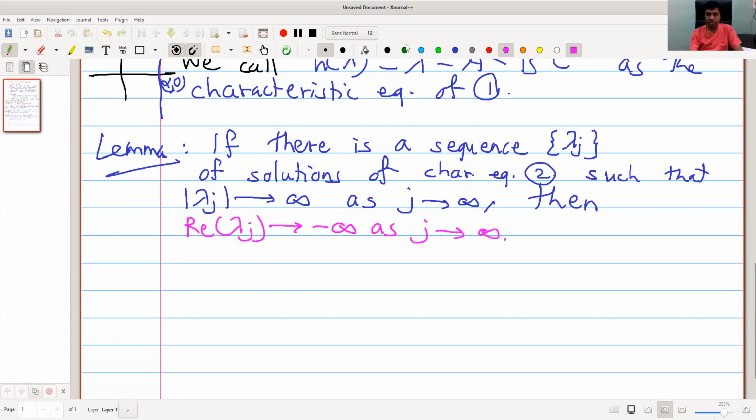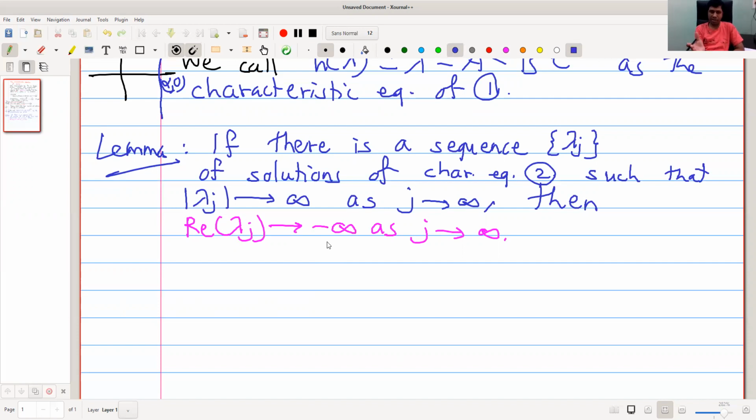So this important result says that if we have a sequence of eigenvalues, and as j tends to infinity, the modulus is tending to infinity, meaning these eigenvalues are going away from the origin, then the real part is tending to minus infinity.